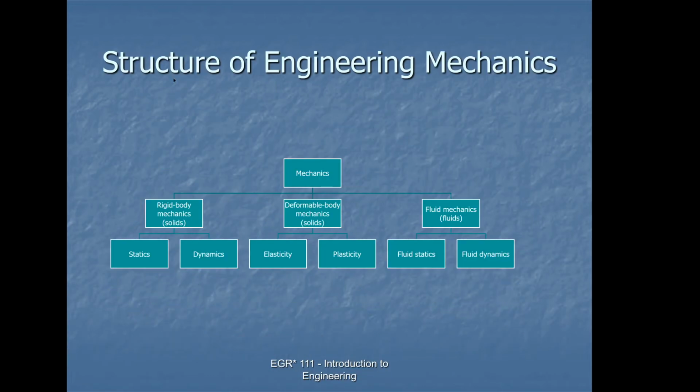One of the ways you could break up mechanics is using this diagram. Through the different categorizations, over here is rigid body mechanics: solids, statics, and dynamics. Then the body can deform, so you also have deformable bodies under forces.